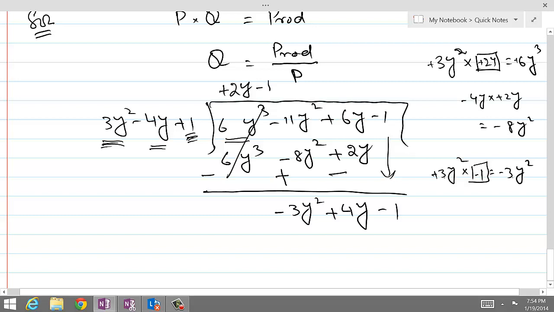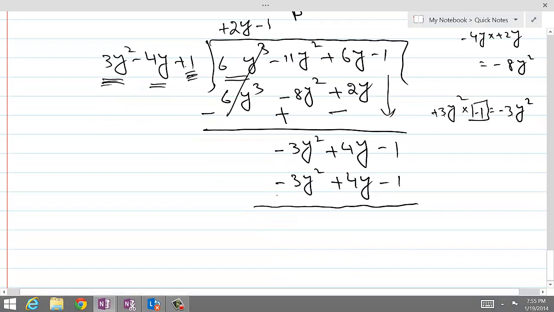Let's multiply 3y squared with minus 1. So 3y squared times minus 1 will give us minus 3y squared, and minus 4y times minus 1 will give us plus 4y, and plus 1 times minus 1 would give us minus 1, and we change the signs here, positive, negative, positive, and you can see all of them get cancelled, giving us the remainder 0.